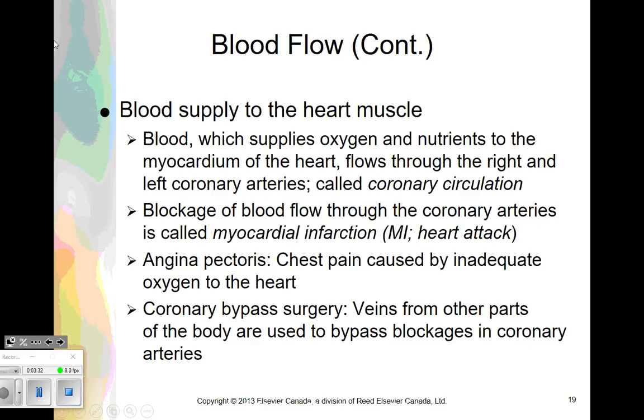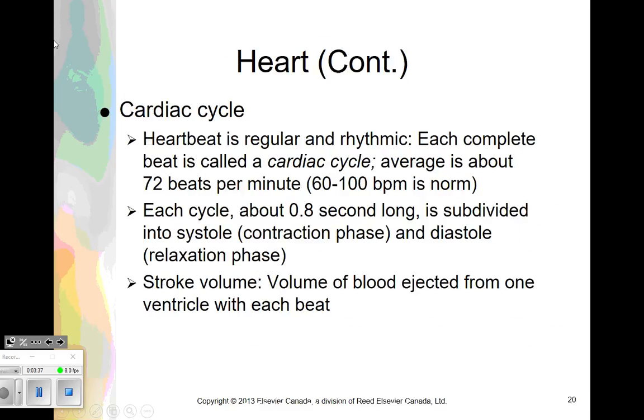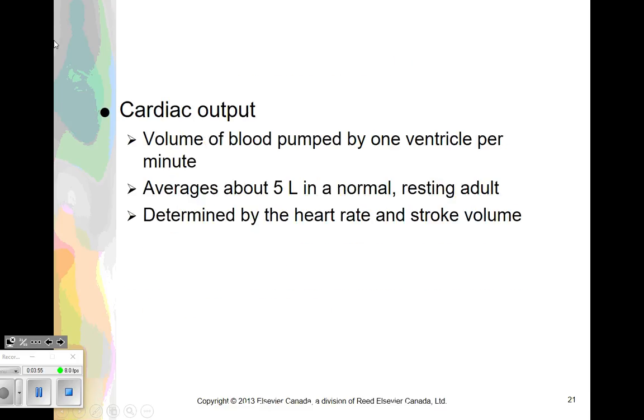That's where the name comes from, myocardial infarction. We already talked about this. We went down to the lab and did pulse and blood pressure, and the fact that a cardiac cycle is both those lub-dubs, both the contracting and the relaxing part of it.